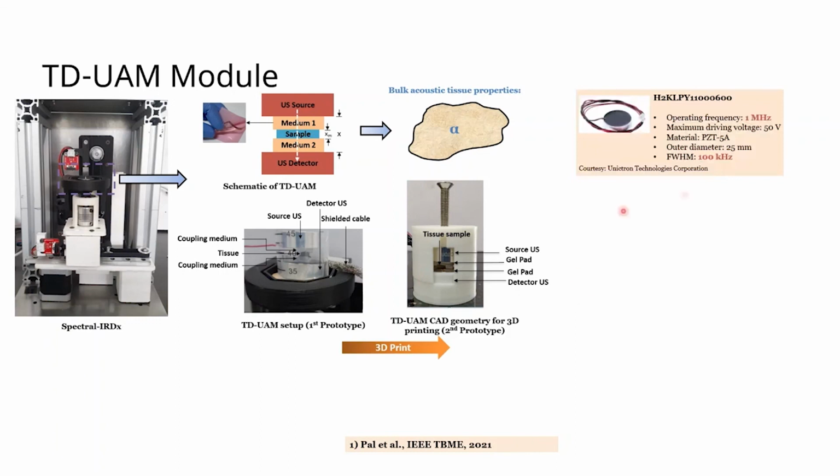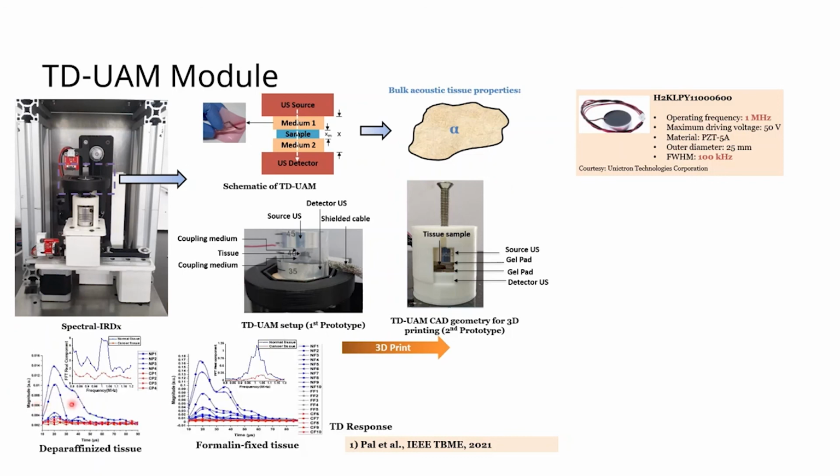For this, we used a 1 megahertz ultrasound transducer, which is built using PZT5A piezoelectric material, and it had an FWHM of 100 kilohertz. With this transducer, we give input pulses of varying pulse widths from 200 nanoseconds to 1000 nanoseconds, and we found that at 500 nanoseconds, the system had the highest sensitivity.